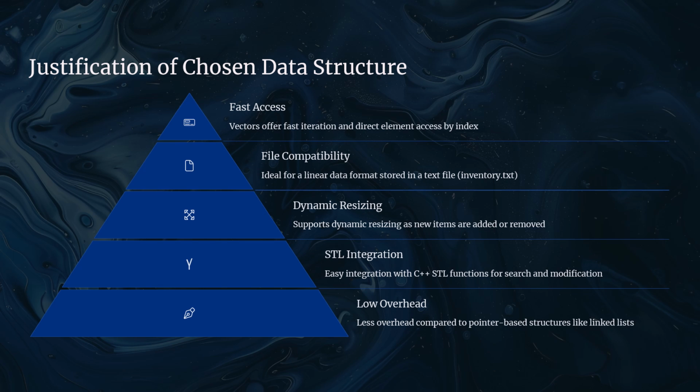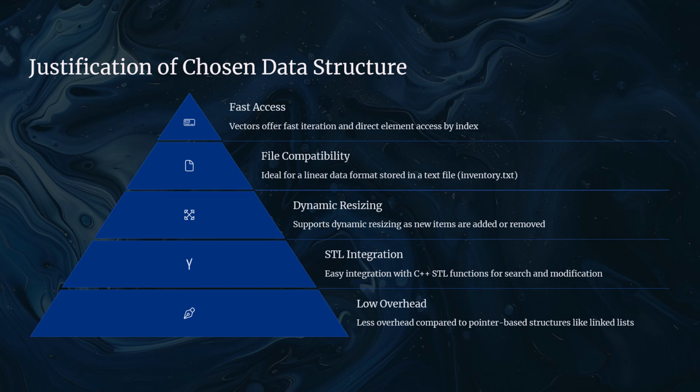This slide shows us why we chose a certain type of data structure. We chose vectors for fast access and fast iteration, and direct element access by index. The second reason is file compatibility. Vectors are ideal for a linear data format stored in a text file, like inventory.txt.